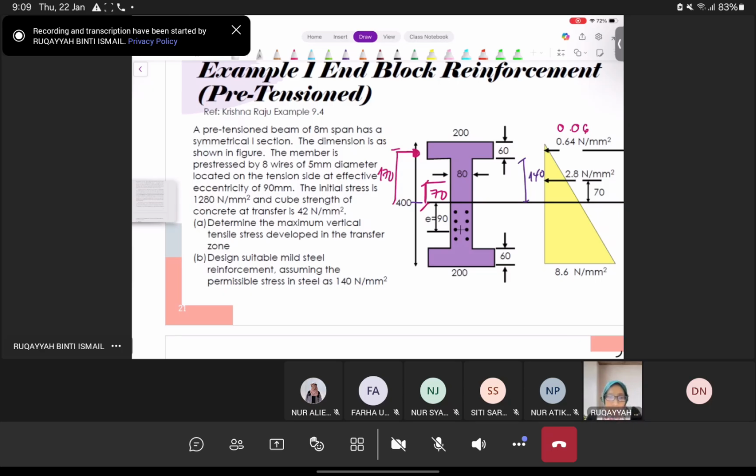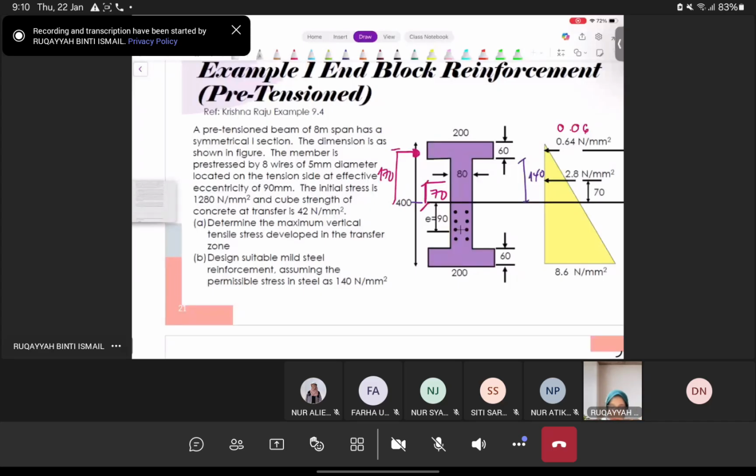All right, at an effective eccentricity of 90 mm. So they did not measure the layers one by one, so they take it averagely as 90 mm. All right, what else? The initial stress is 1280. So that will be the initial. Right, and the cube strength of the concrete is 42 MPa. Okay, so determine the maximum vertical tensile stress developed in the transfer zone.